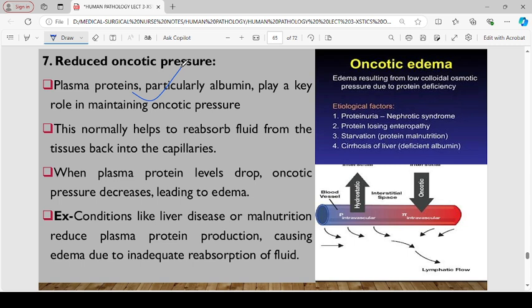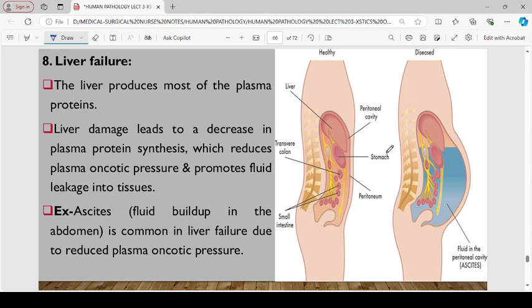And what can cause reduced oncotic pressure? When somebody is suffering from proteinuria, with a disease like nephrotic syndrome, or someone having protein-losing enteropathy, or someone who is undergoing starvation, protein malnutrition, or someone with liver cirrhosis. All of these could contribute to reduced oncotic pressure.